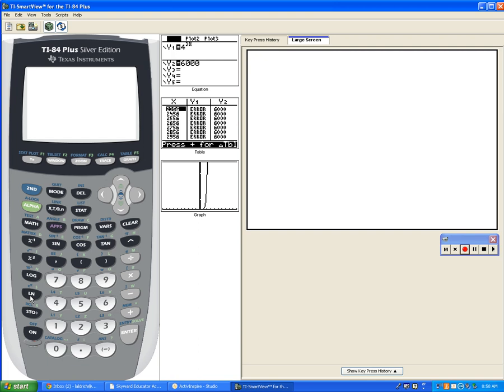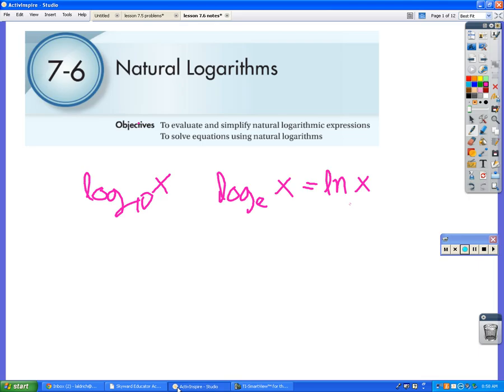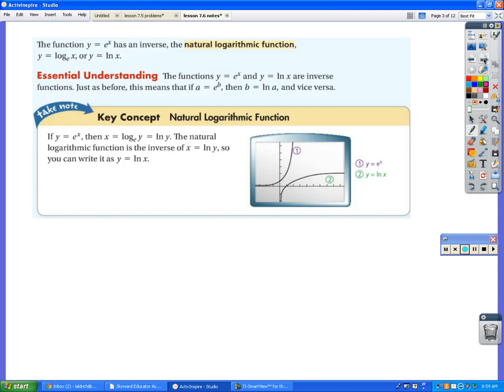So log is base 10, natural log is base e. The good news is, the stuff that we're going to do today is all exactly the same as what we were doing before, with one very small change. Now the base is e instead of 10, but all the other stuff is the same.